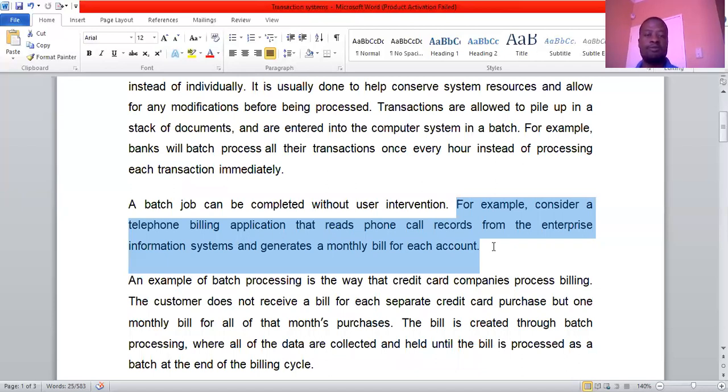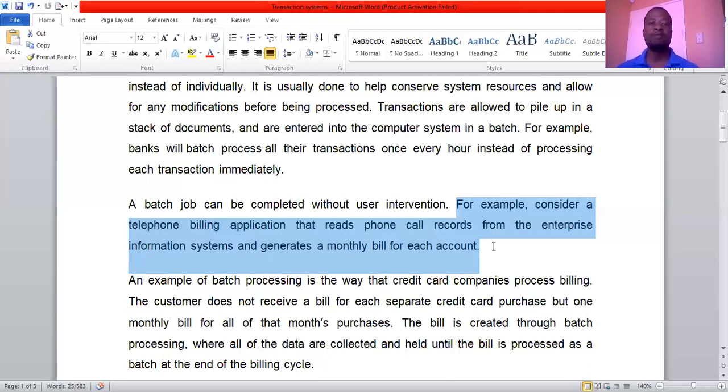Let's say you want to do procurement, or you're finding out about something from a certain organization. Telecom, for instance Telecom Namibia, has come in and installed the telephone in your offices. At the end of the day, once you are done with all your calls, the incoming and the outgoing calls.